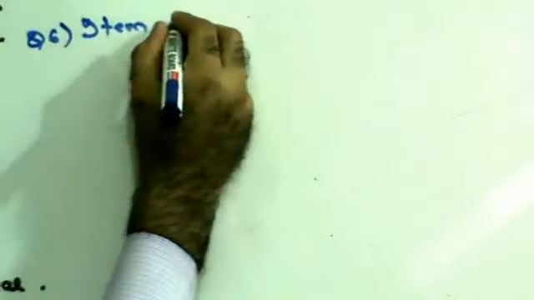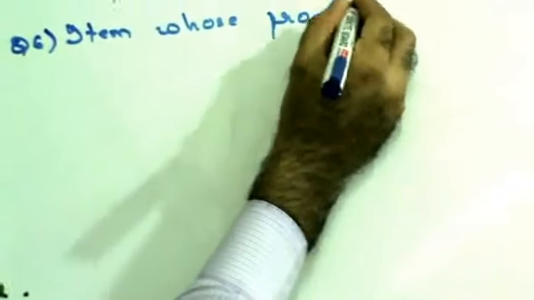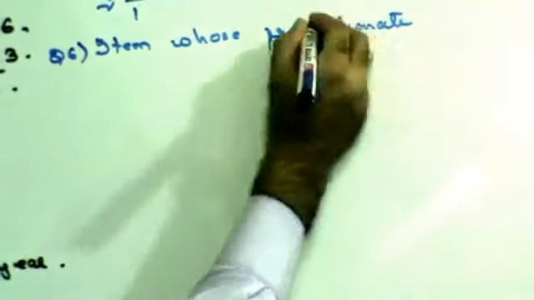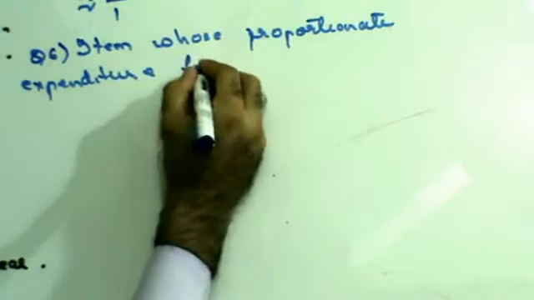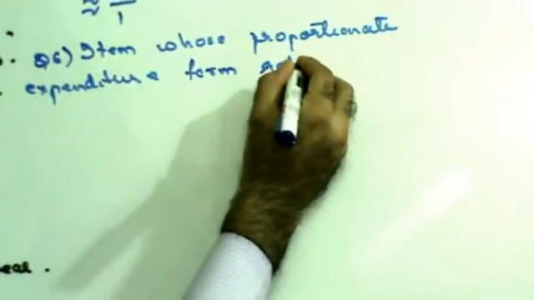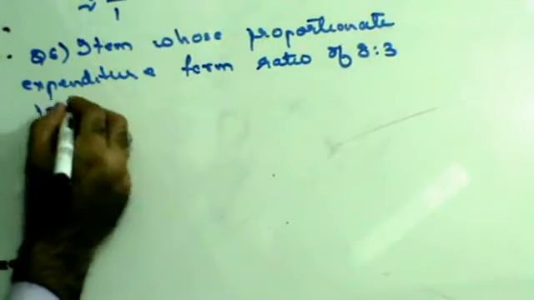The item whose proportionate expenditure form a ratio of 8:3 in the 2 years.